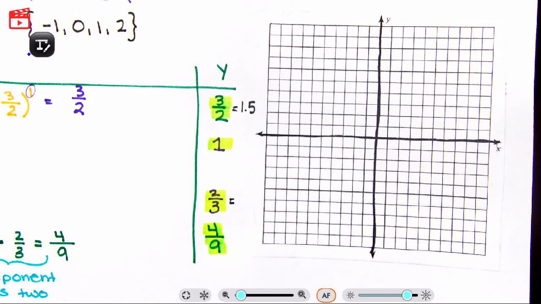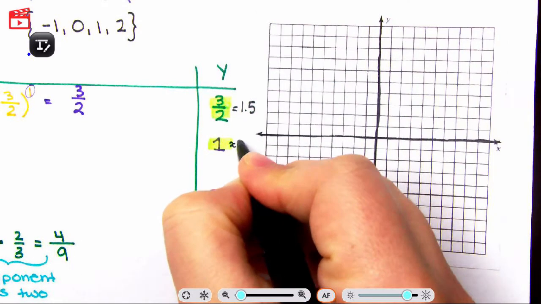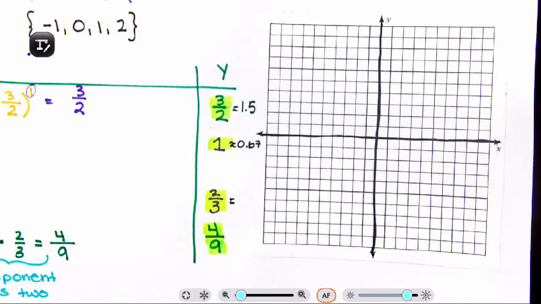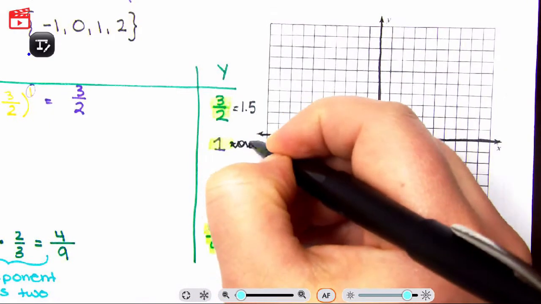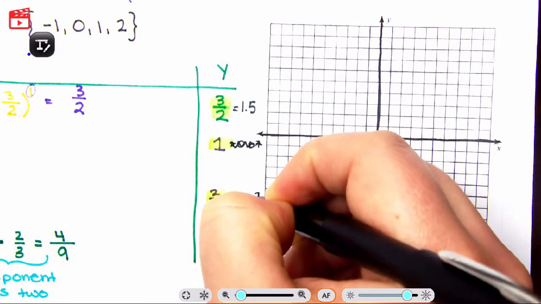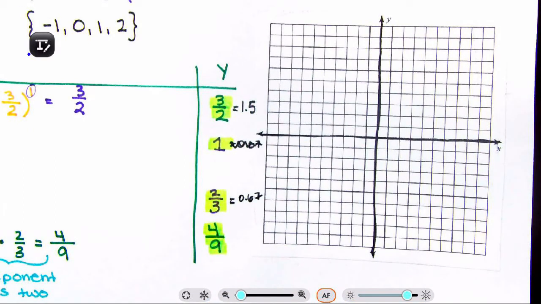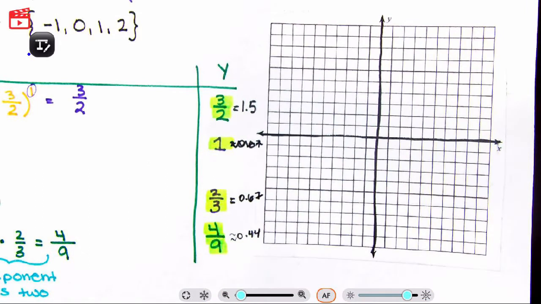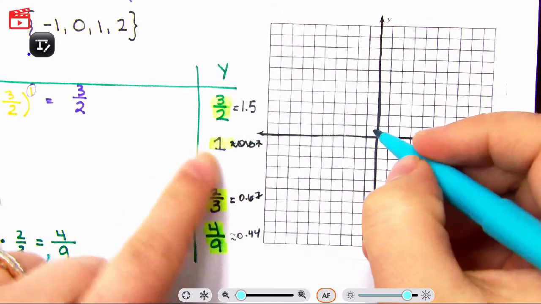Let's use a calculator. 2/3 is about 0.67-ish. And then 4/9 is about 0.44. It's sometimes easier to graph because then you know how close it is to 1, how close it is not to 1.